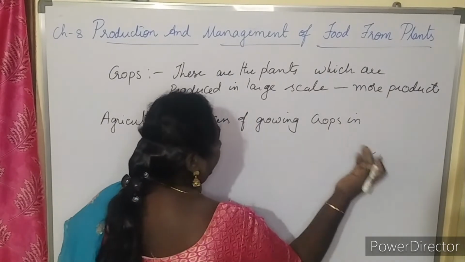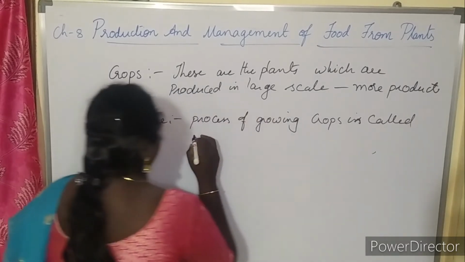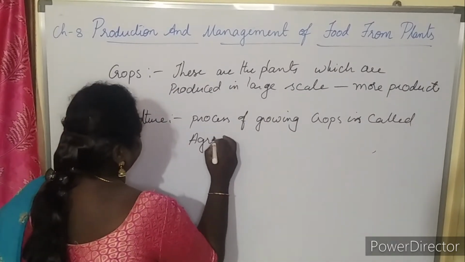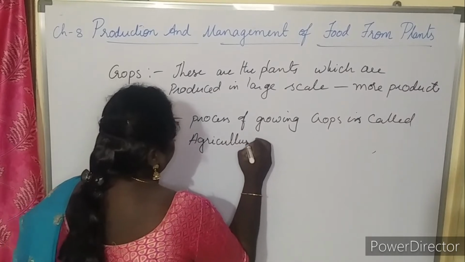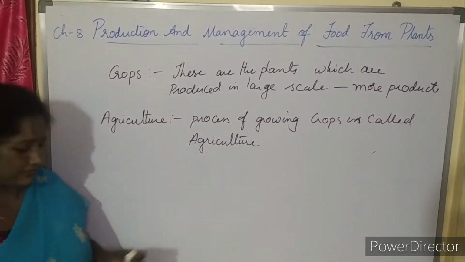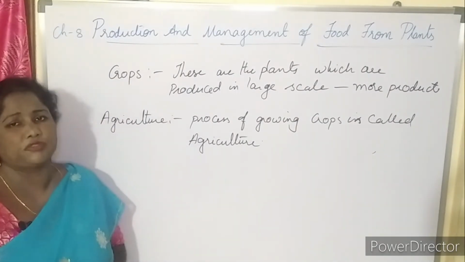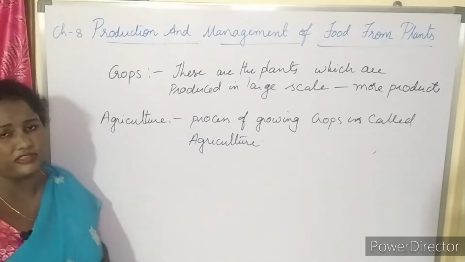The process of growing crops is called agriculture. In large scale cultivation, the crops may be paddy or wheat, or different types of crops grown in agriculture.